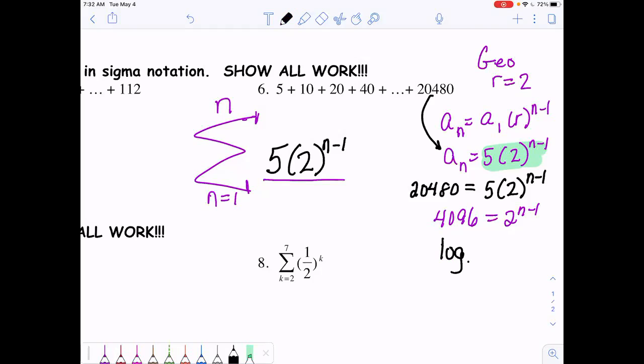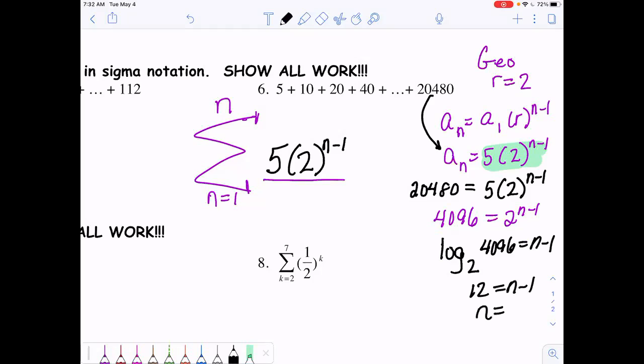So log base 2 of 4096 equals n minus 1. Remember, in math, when you learn something, the goal is to continue to use it and find other ways to apply those concepts. It's a wonderful thing about math. So Jaden, log base 2 of 4096 is? That is 12.